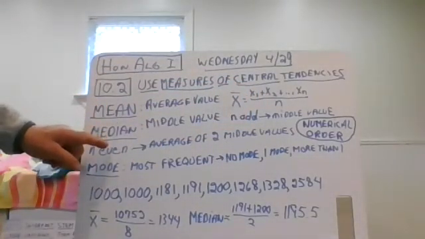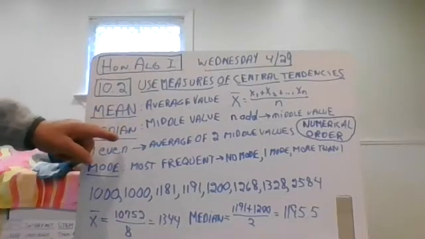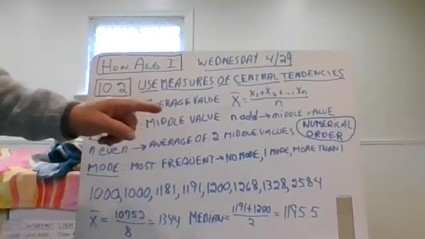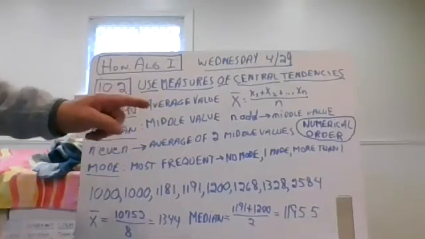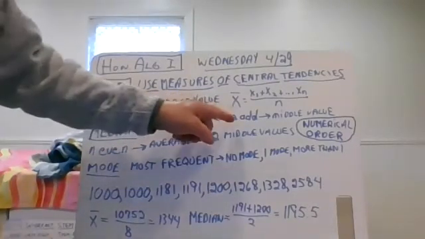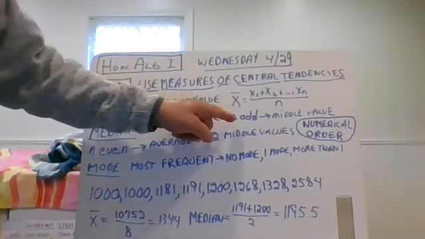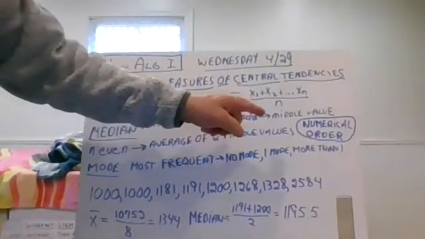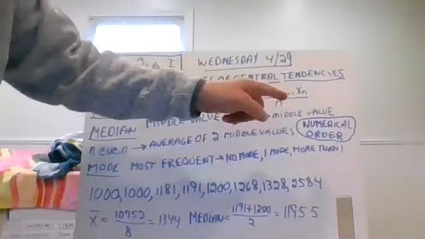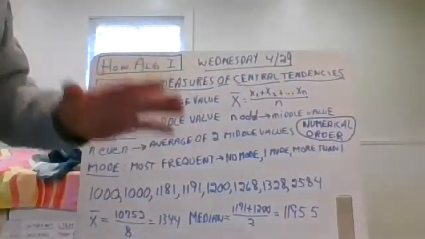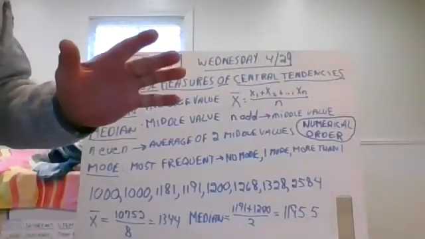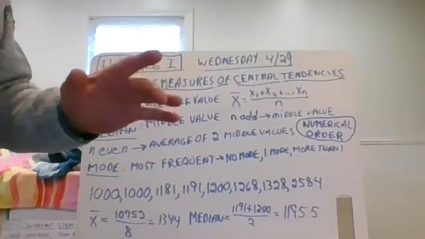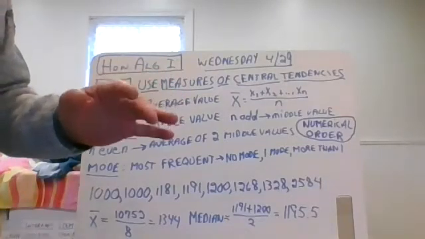Then comes the median. The median is the middle value. Now there's two things you need to look at. If you have an odd number of data items, then there will be a middle value. If you had 5 data values, your third value is in the middle, 2 to the left, 2 to the right.